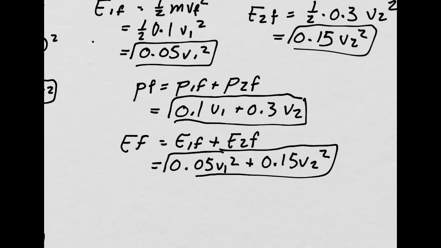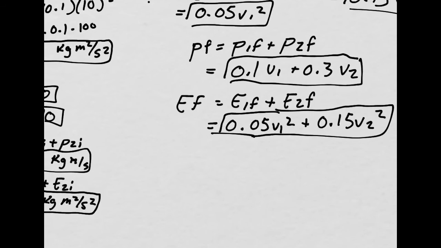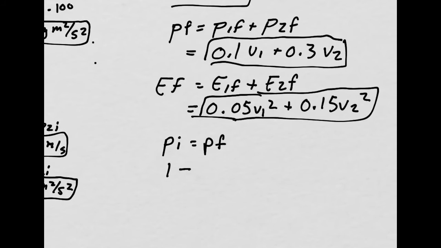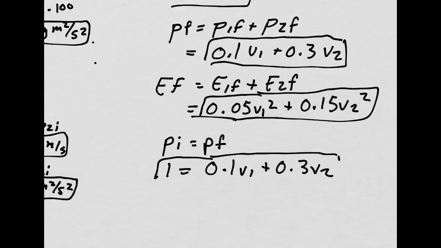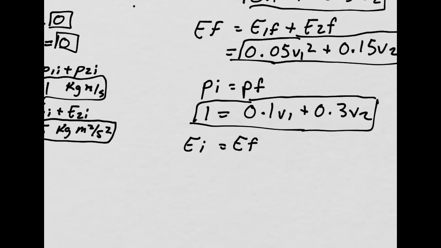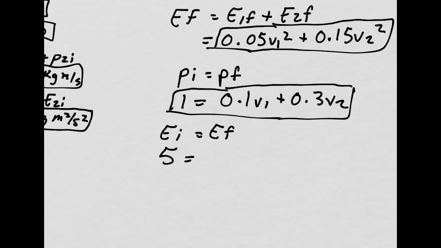And now we have to use P initial equals P final, the law of conservation of momentum. P initial is 1. So 1 is equal to 0.1 V1 plus 0.3 V2. This is our first conservation law equation. And our second one is E initial equals E final. Initial energy is 5. And that is equal to 0.05 V1 squared plus 0.15 V2 squared.